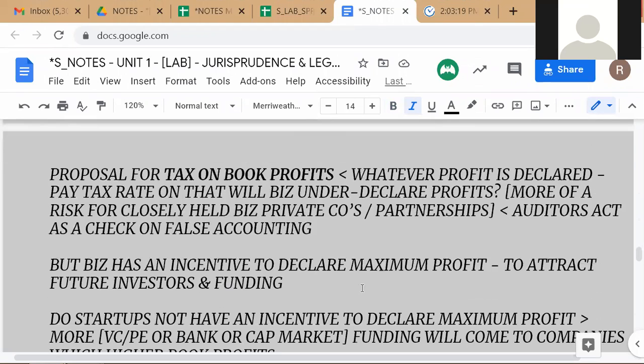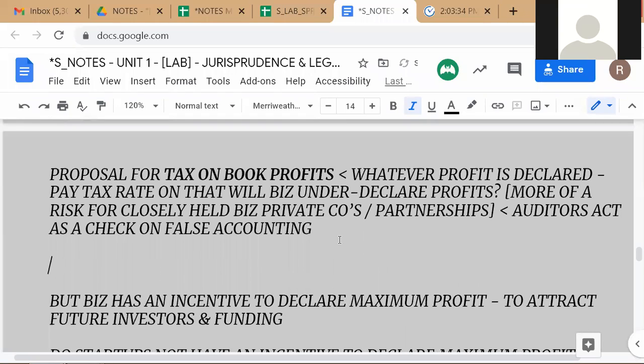The point is basically, what is the value of a tax on book profits? A lot of the tax disputes that happen today are related to, let me write it here. Many current tax disputes.